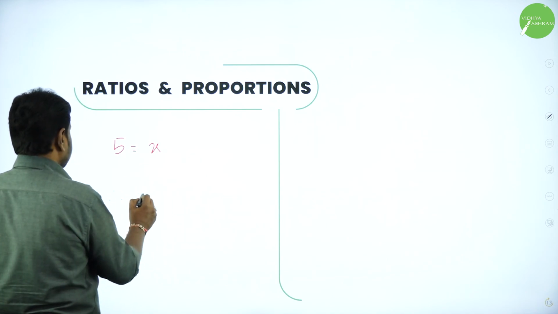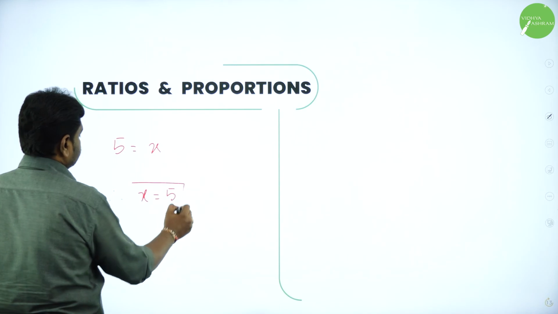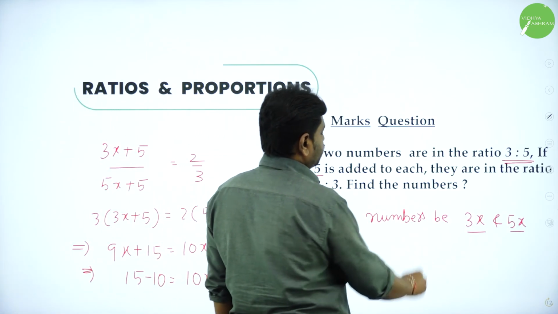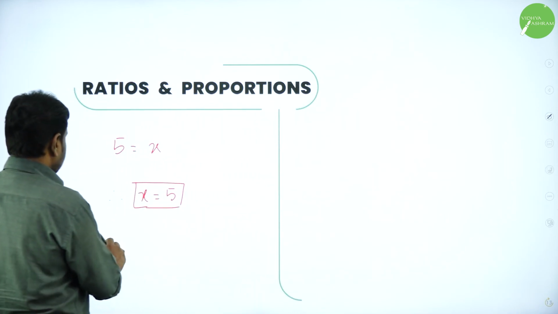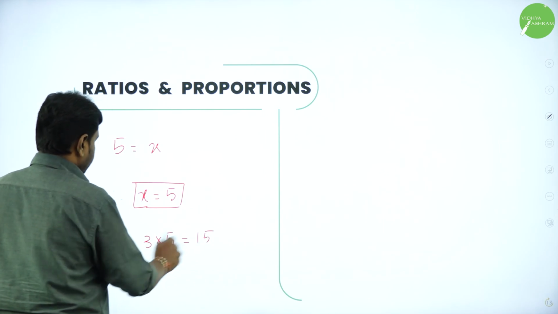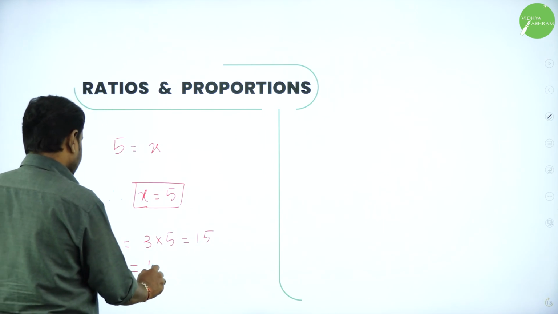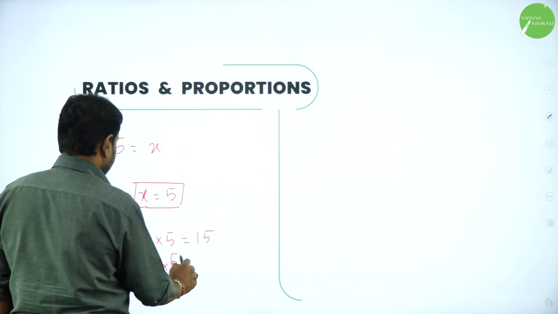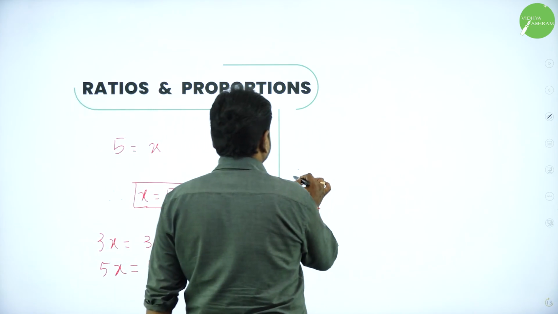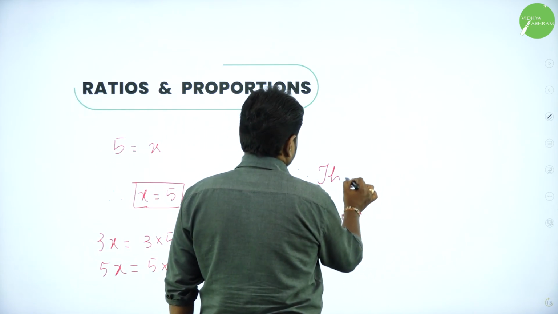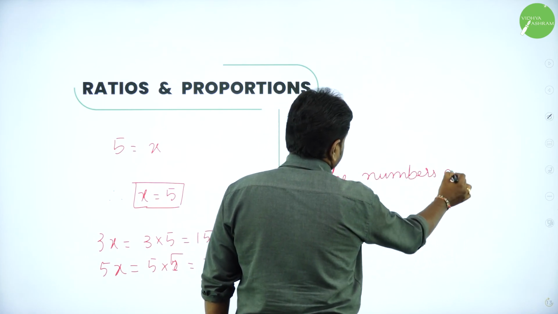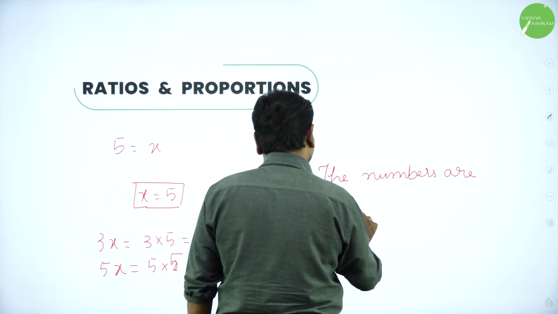Therefore, x value is 5. They want the numbers, 3x and 5x. So 3x means 3 into 5, 15. 5x means 5 into 5, 25. Therefore, the numbers are 15 and 25.